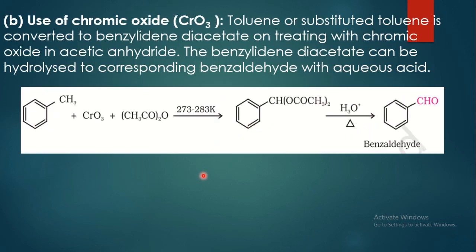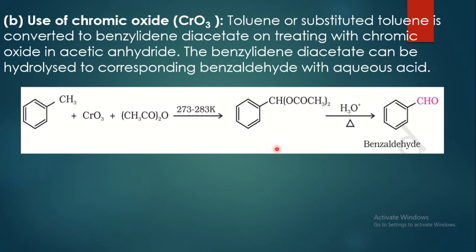Next, use of chromic oxide. Chromic oxide means CrO3, right? So let's say again we have to take toluene or other substituted toluene, clear, and it is converted to benzylidene diacetate. That means it will form another complex of this particular chromium compound, which on further hydrolysis will form the aldehyde.